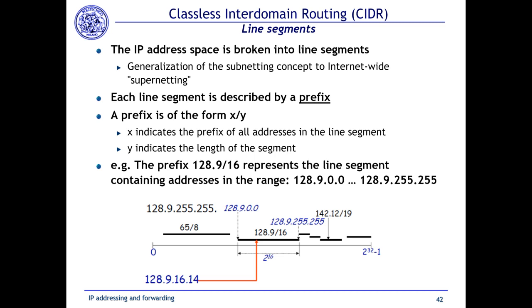So, for example, here this address 128.9.16.14 falls into this segment. So it means that this destination IP address belongs to the specific network.